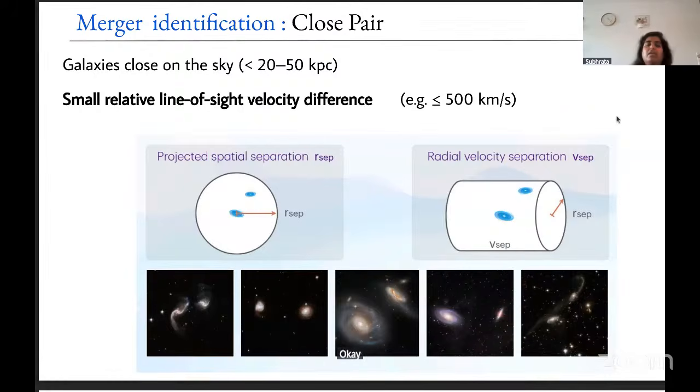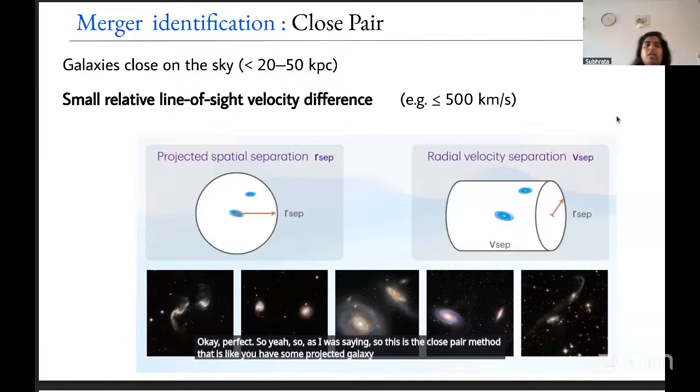So as I was saying, this is the close pair method: you have some projected galaxies on the sky. You need the spectroscopy to understand the redshift, and then the distance between them. We say that if they're less than 20 to 50 kiloparsec, these are potential merger candidates.